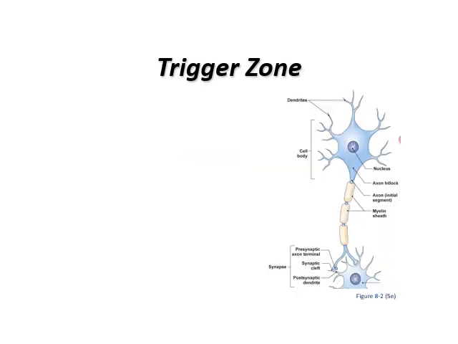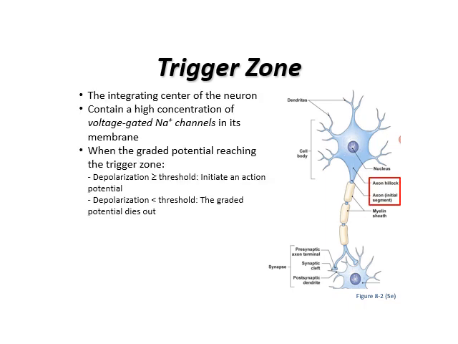So let's take a look at this trigger zone, and where the action potentials are going to be triggered. Okay, if we reach threshold, what we're going to find here is a high concentration of voltage-gated sodium channels. Say this is a voltage-gated sodium channel.